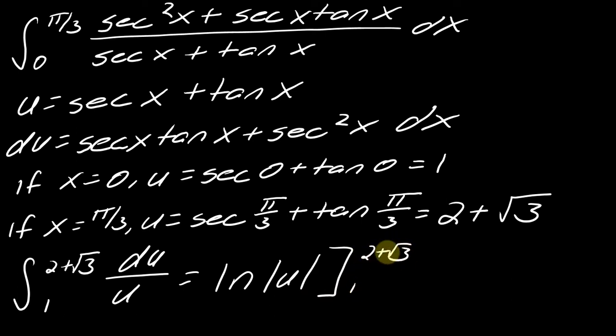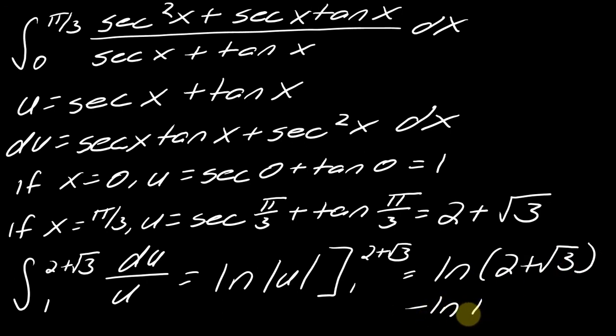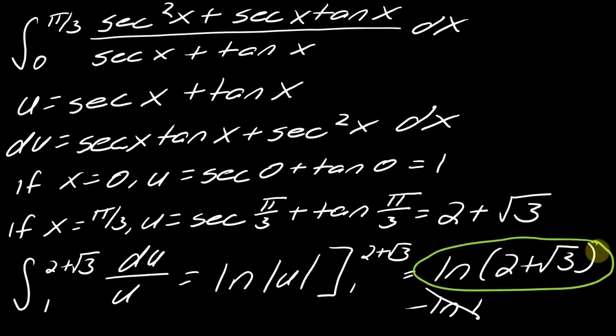So I just need to plug in the limits. At the end of the day, this becomes the natural log of 2 plus the square root of 3 minus the natural log of 1, and the natural log of 1 just equals 0, so that cancels out entirely. So the answer here is just that part right there, okay?